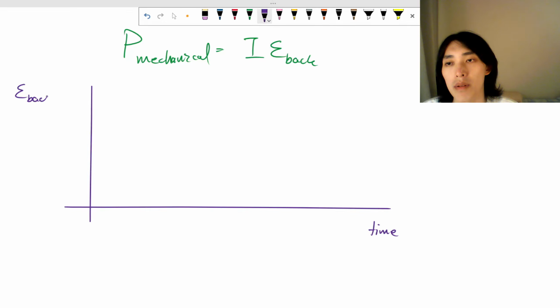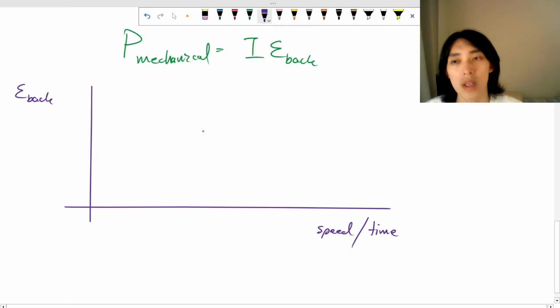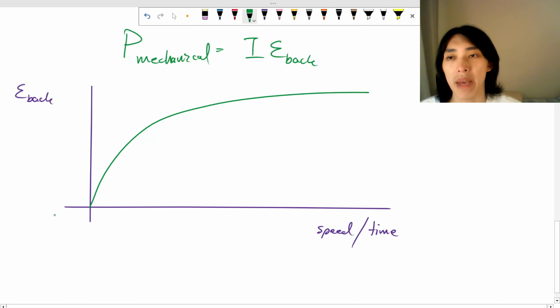Back EMF, or speed actually. Speed and time would both be correct here. And we would see that back EMF would increase.